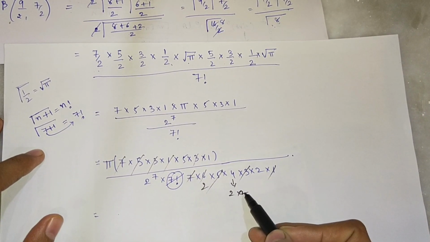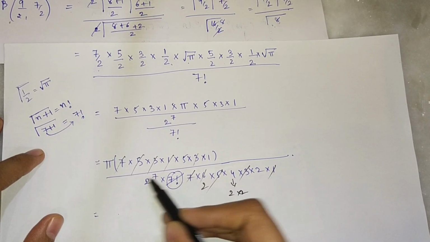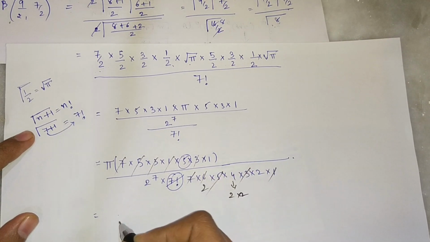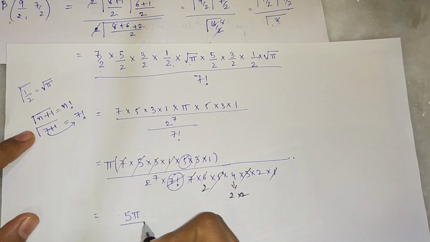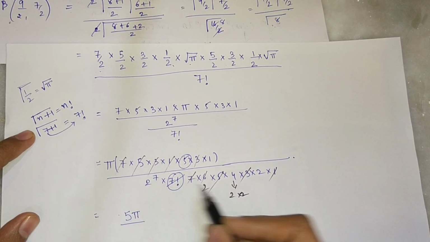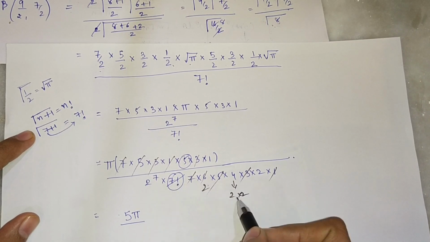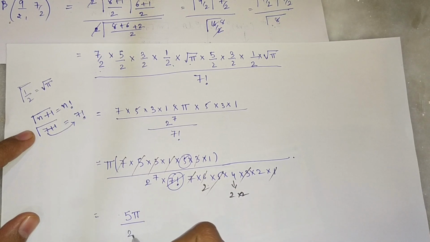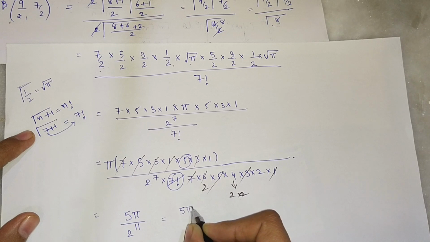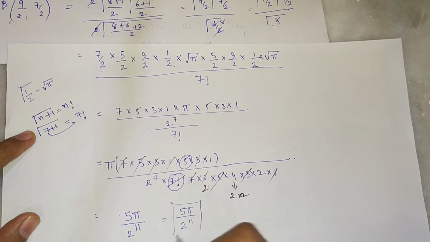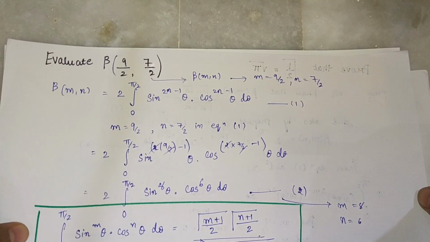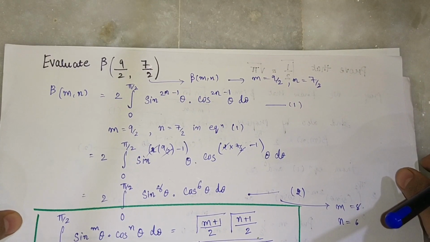Here only 5 is remaining, so 5 pi divided by 2 raised to 7, and again this 4 is present, so we will add them here. 7 plus 4 is 11, so we get 5 pi divided by 2 raised to 11. So this is the answer of this question, that is beta 9 by 2 comma 7 by 2.